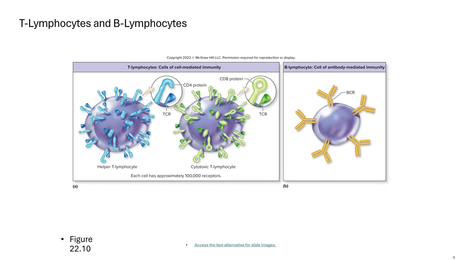So this graphic is showing our T cells along with their various surface markers. You've got your various T cell receptors on helper T cells and cytotoxic T cells, and then you've got your B cells with their receptor, which are actually antibodies.